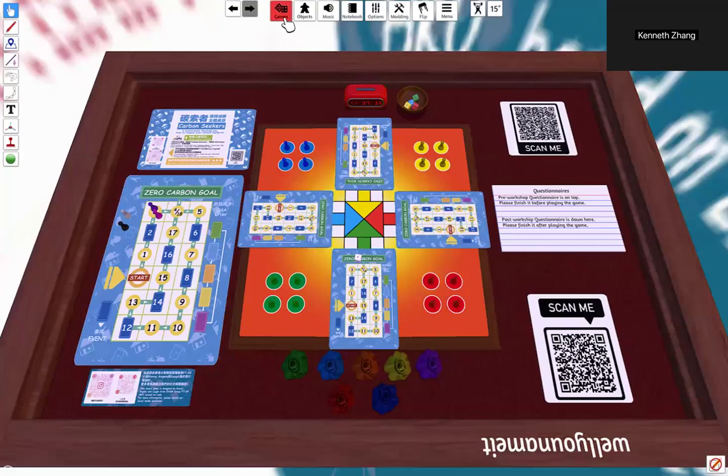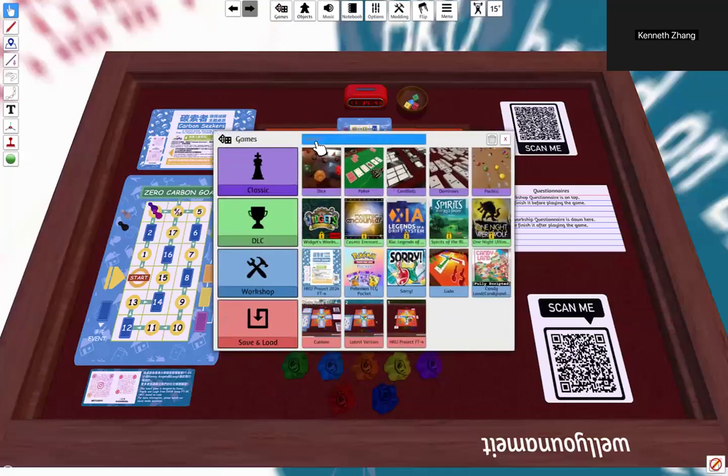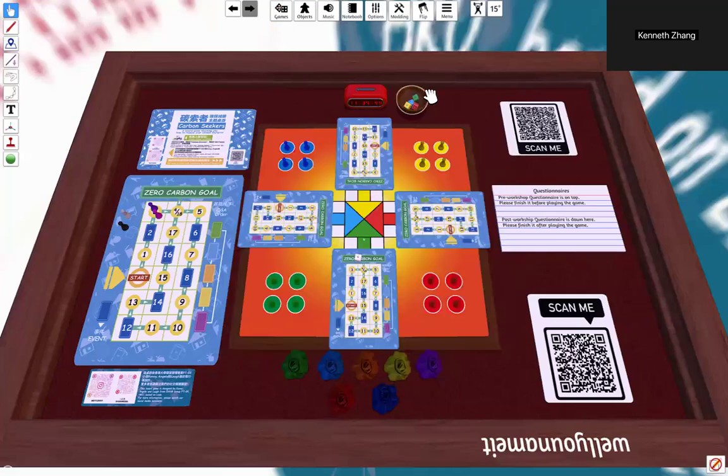If you want to quit the game, you do not need to rearrange everything back to its original place. You just quit back to the main menu.